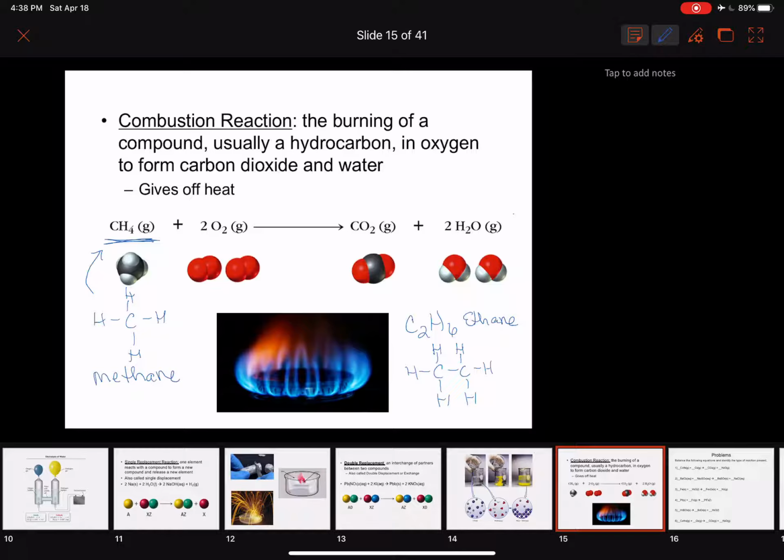But anyways, when we have a combustion reaction, this gives off a lot of heat. And we can see that with our eyes when we're burning propane on our barbecue. We can see the light energy that it gives off, and we can feel the heat energy that it gives off. So that's a combustion reaction: hydrocarbon, oxygen, carbon dioxide, and water.